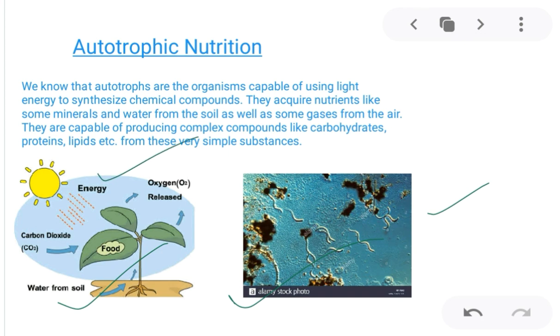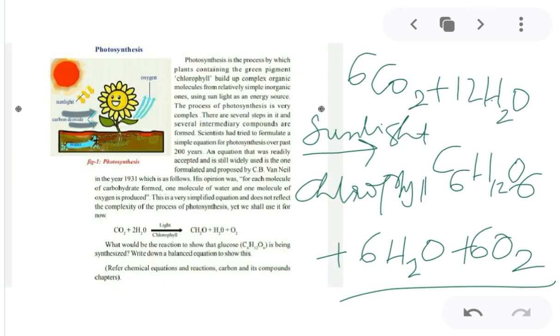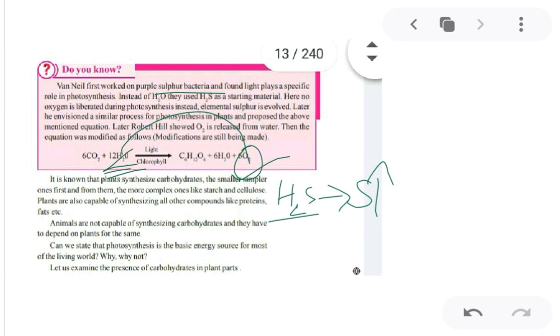Phototrophic, best example all green plants. And we have discussed the photosynthesis equation also. In the photosynthesis equation, the oxygen molecule which is liberated is released from the water which is used as a raw material. We also discussed what is meant by photosynthesis.